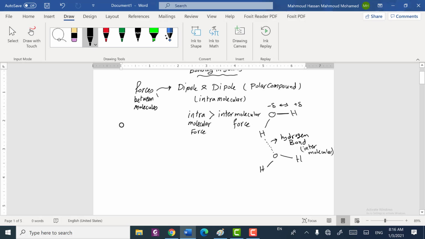Sometimes we find another attraction force between molecules, called the London dispersion force.